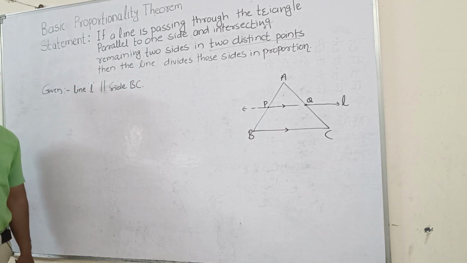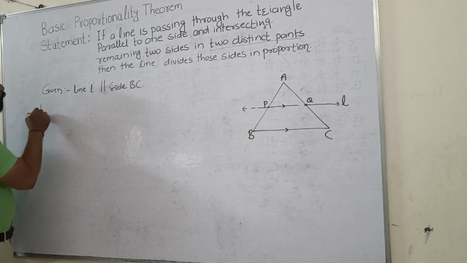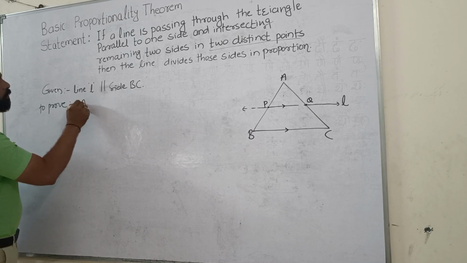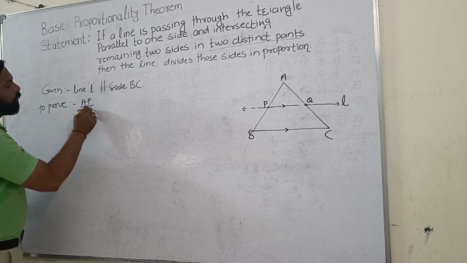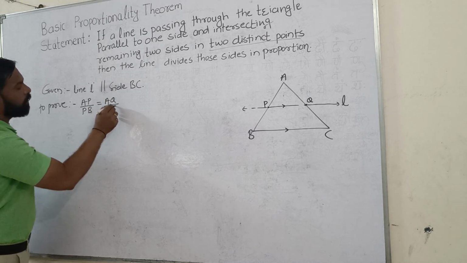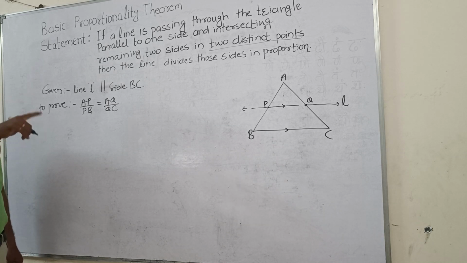This is what is given to us. To prove: AP by PB is equal to AQ by QC. We want to prove AP by PB equals AQ by QC.